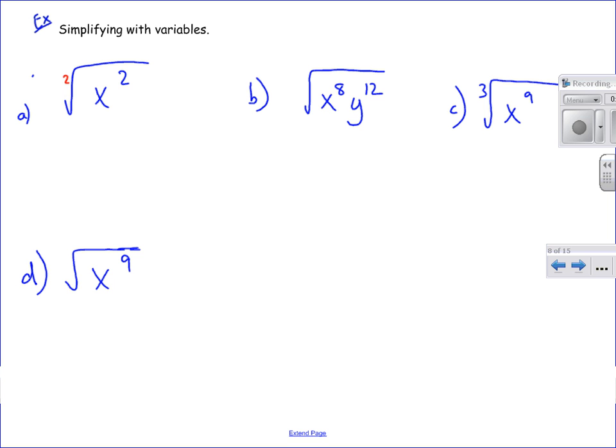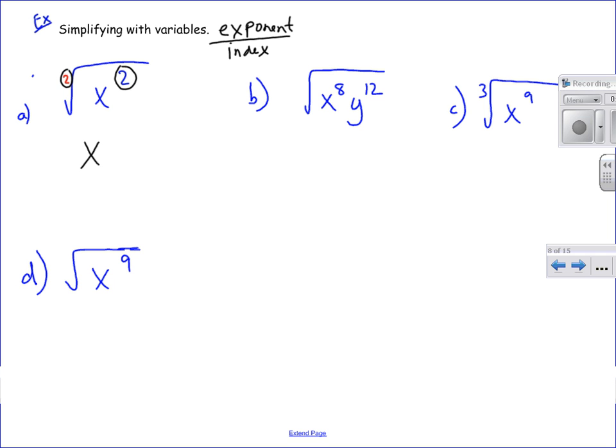Well, that answer is x. So our rule for this is we're going to take our exponent and divide by the index. Our exponent over our index when we're talking about variables.